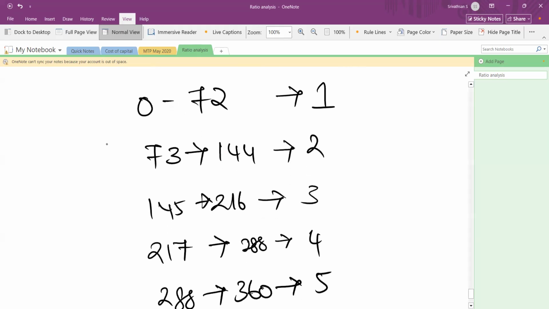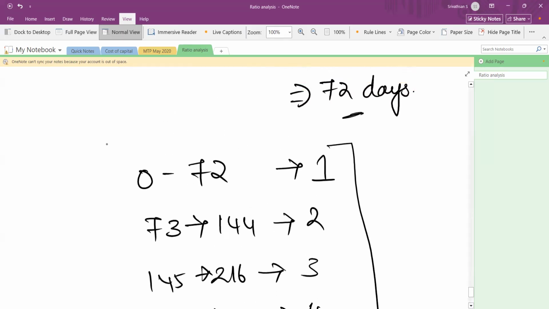So these are all the 5 cycles, which is nothing but the inventory turnover. So 5 times inventory is coming in and going out of your factory. Is this point clear? Any doubt on this? Do you all understand?